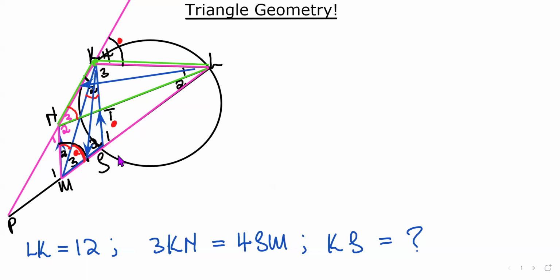So if I go to the smaller triangle, I'm going to take SM. It corresponds with KN.